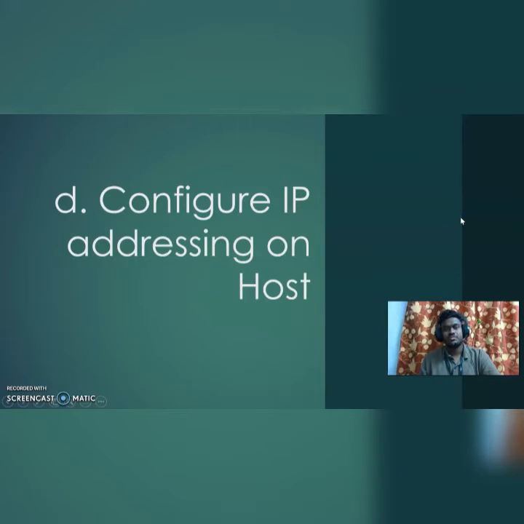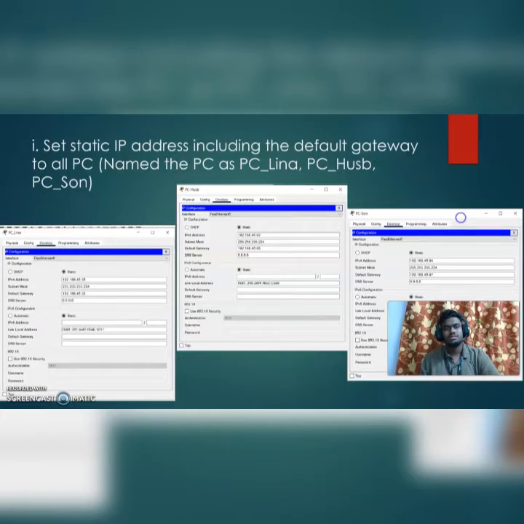So next will be configuring IP addresses on hosts. The first is to set a static IP address, including the default gateway, for all PCs, naming the PCs as PC Lina, PC Husband, PC Son. Here we will go to all of the PCs. I just put the pictures of all of the PCs where I've set the IP address, subnet mask, and then the gateway. We go to the PC, then in Desktop we go to the IP Configuration section.